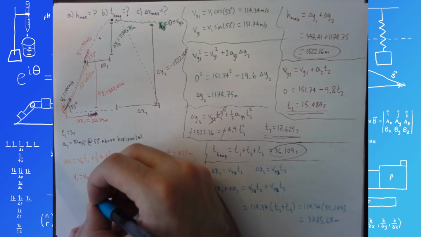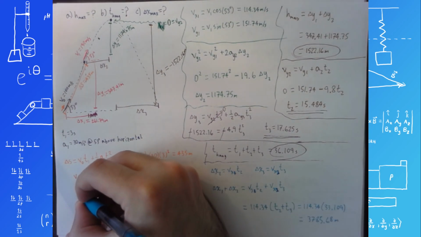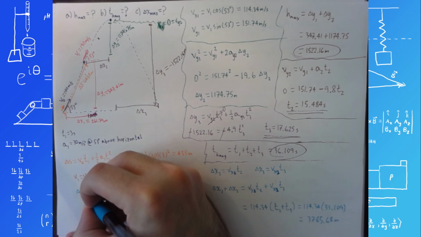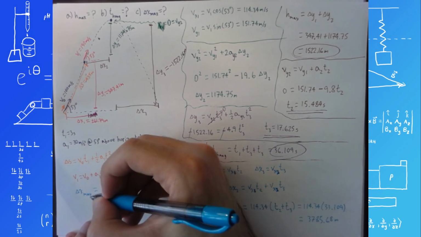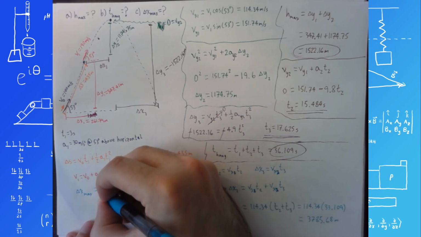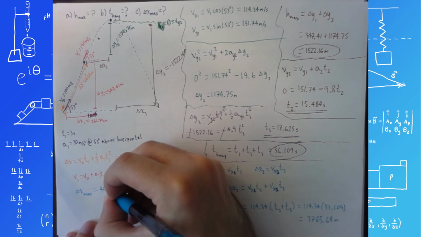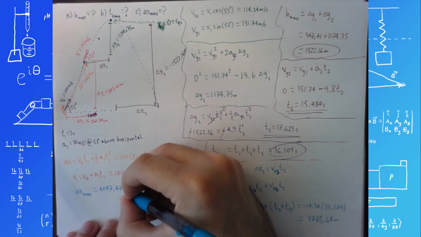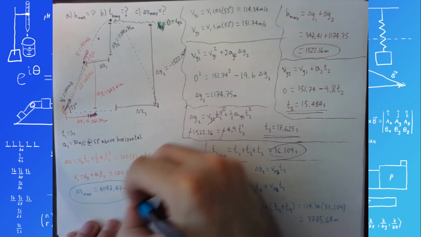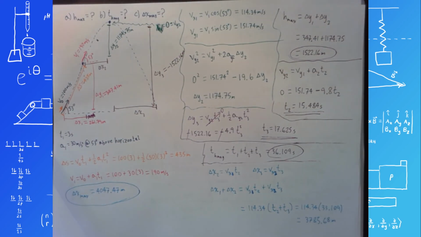So I get delta x total, delta x max, whatever you want to call it, is equal to 4047.47 meters. And there we go.